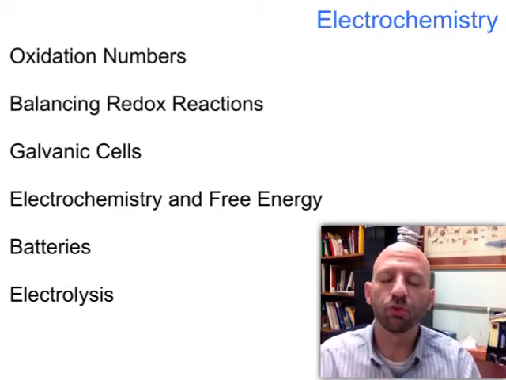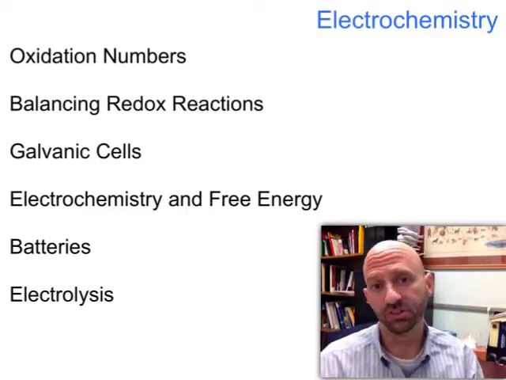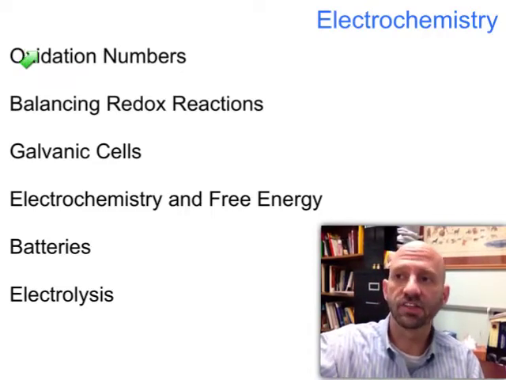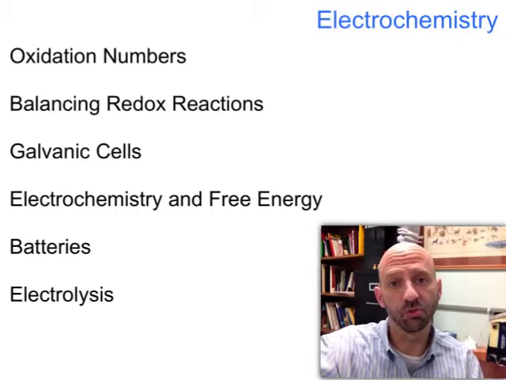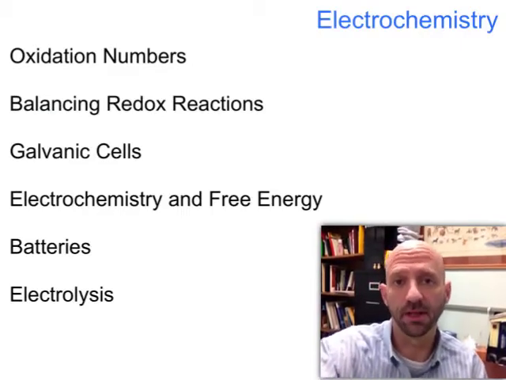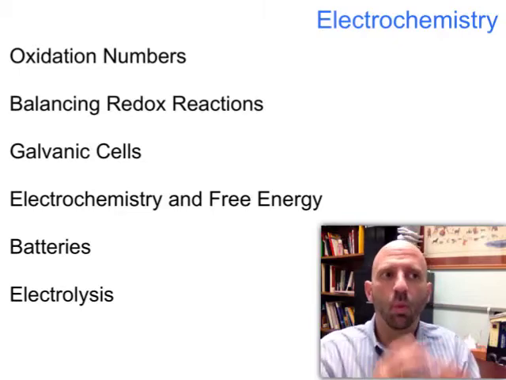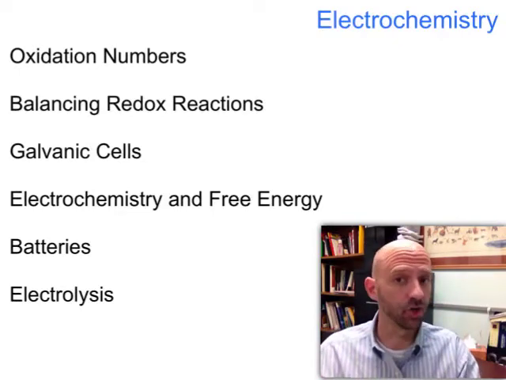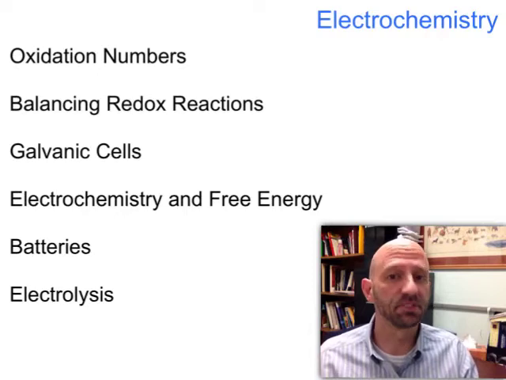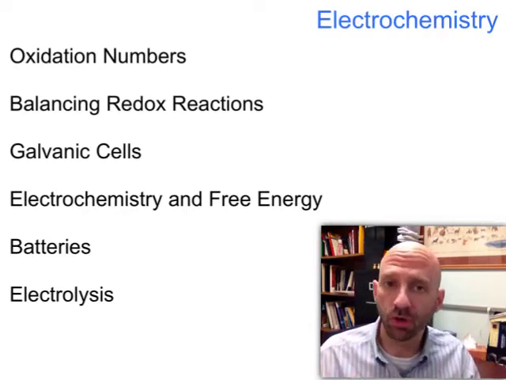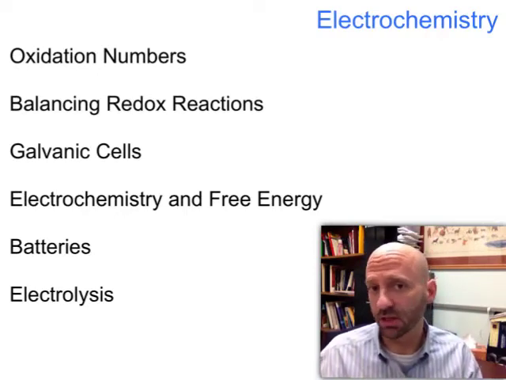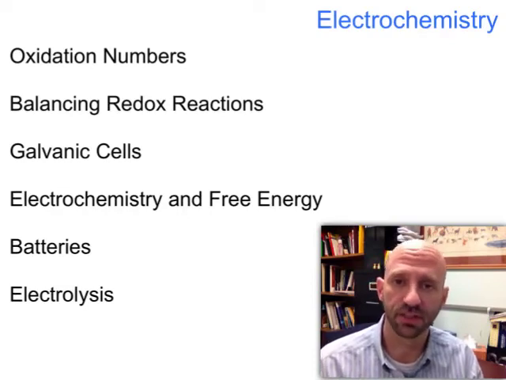Well, first we have to get through some nuts and bolts ideas, and that's where oxidation numbers and balancing redox reactions are going to come into play. So a redox reaction is a reaction where one material gives up electrons and another material accepts electrons. So we have an electron donor and an electron acceptor, and we're going to talk about the language that's involved in that.